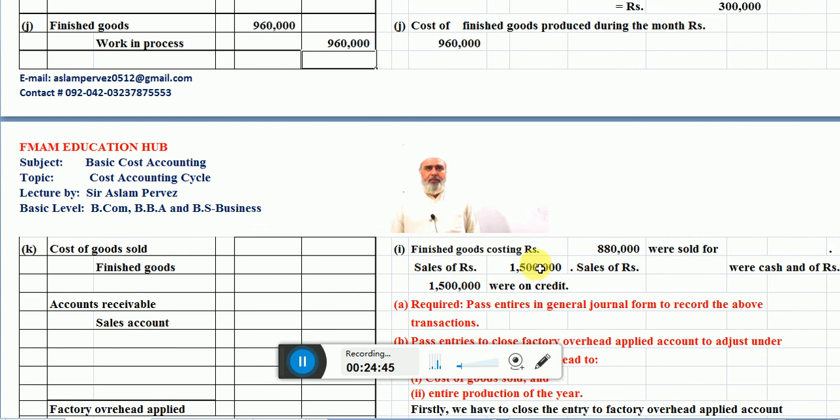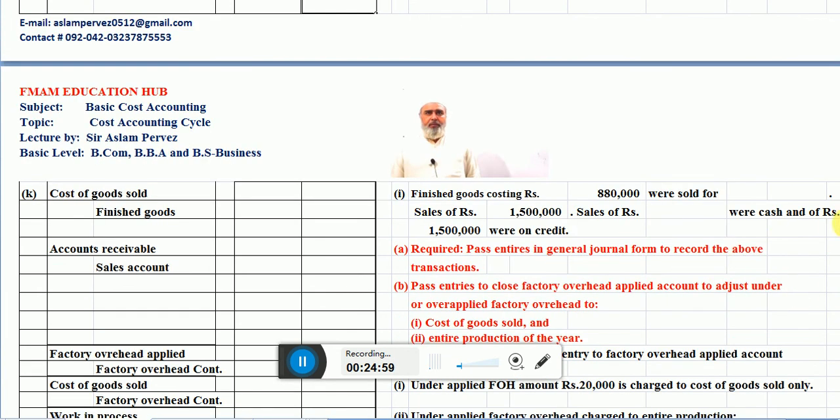Finished goods costing 8,80,000 rupees were sold for sales of 15 lakh rupees. Students, sales of 15 lakh rupees were on credit basis.